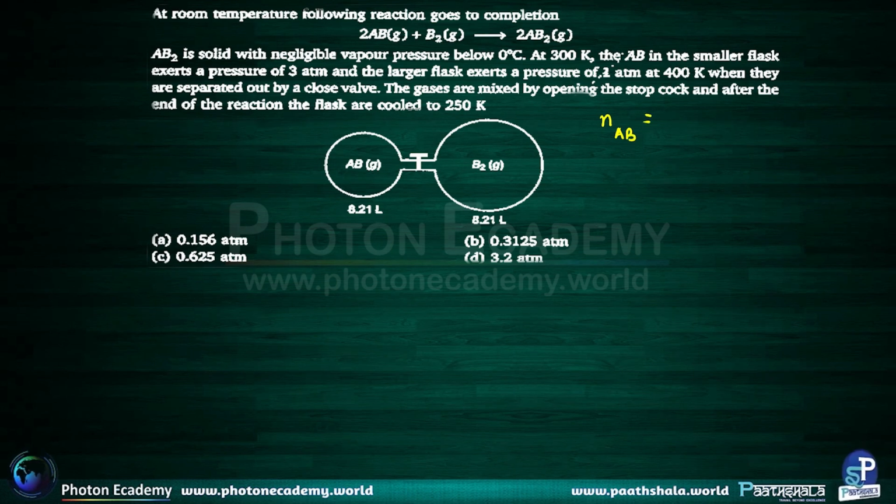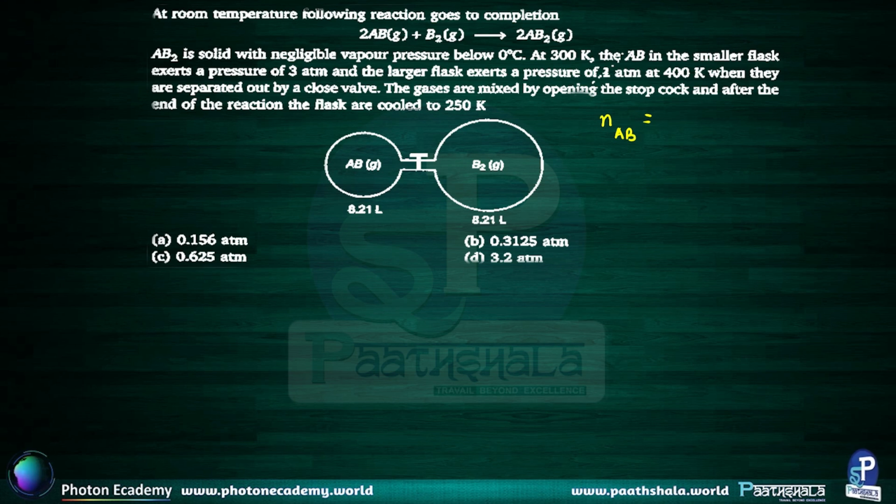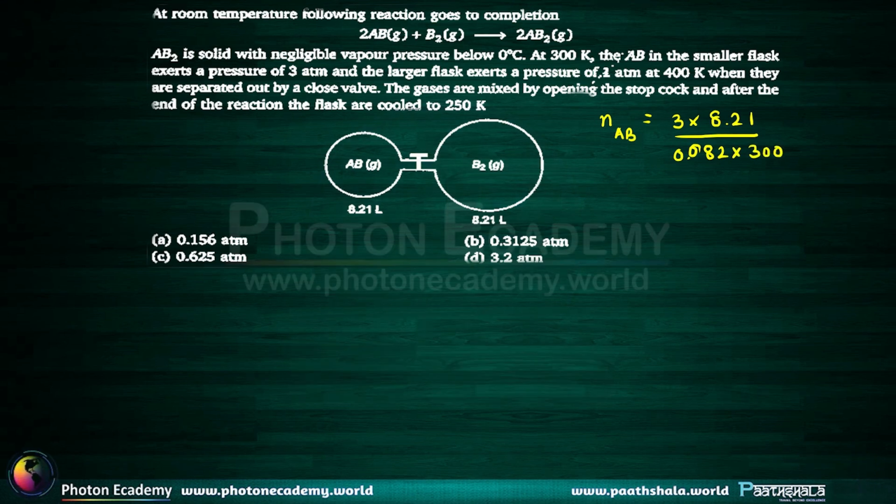The pressure in that flask is given to be 3 atm, the volume of the flask is 8.21 liters, divided by 0.082 into the temperature of the flask, which is 300. So the number of moles of the first one comes out to be 1.